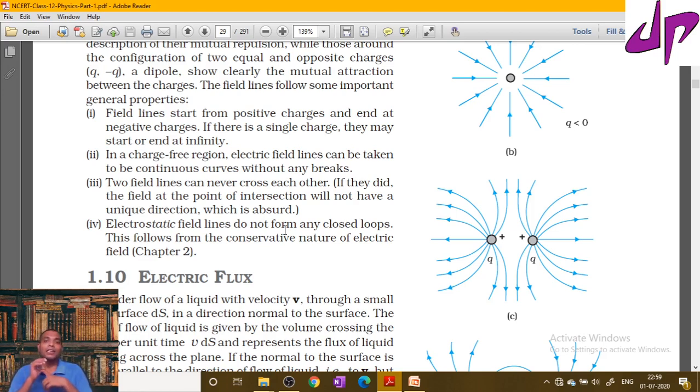But right now I can skip this point by taking it as granted that electric field lines do not form closed loops, because if they formed closed loops, we could not find out precisely what the exact direction is. Okay, so these are the very important points regarding the electric field line properties.